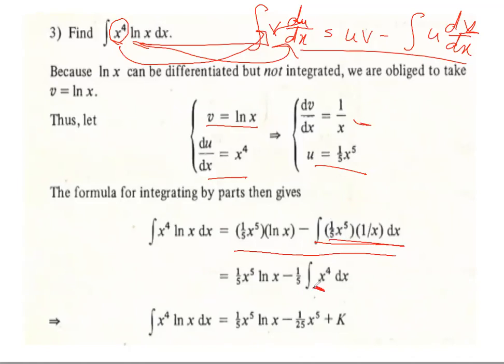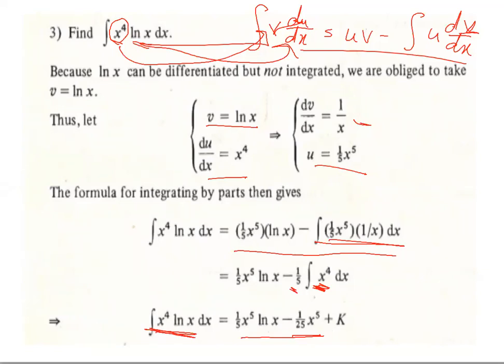Of course, I bring the 1/5 to the front. And this is easy to integrate, because when you integrate that you get that, when you multiply by the 1/5. So this very complicated thing, look how easy it is to integrate. Follow that one? Yes, sir. Good.